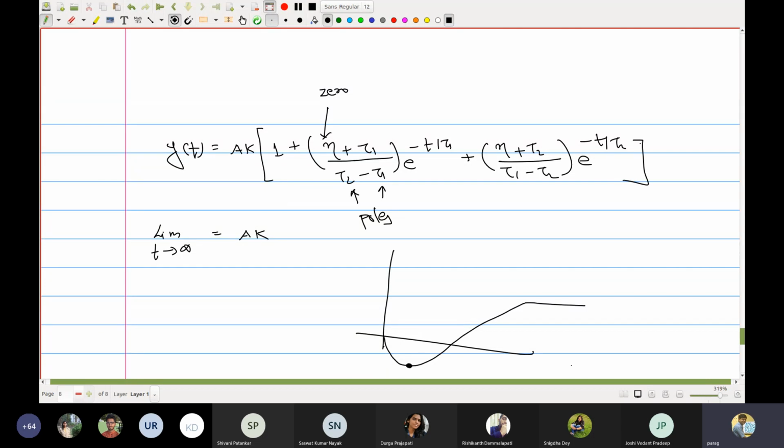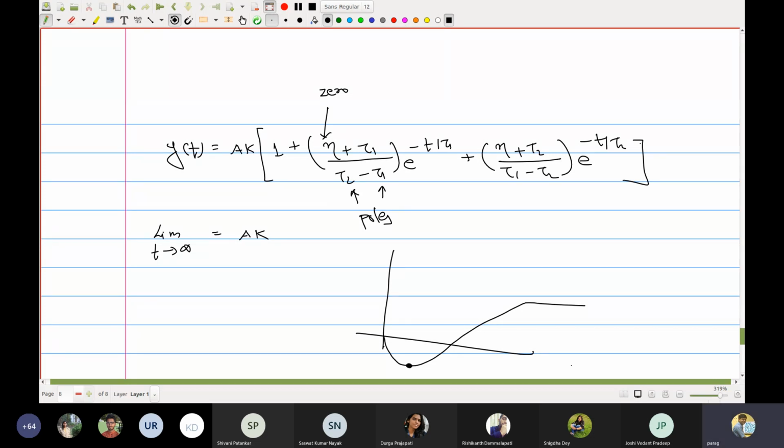And finally, you can have a transfer function which gives rise to an inverse response of the system, such that the direction of your response is opposite to the direction of the forced input.